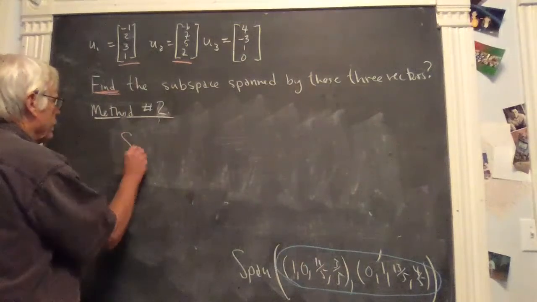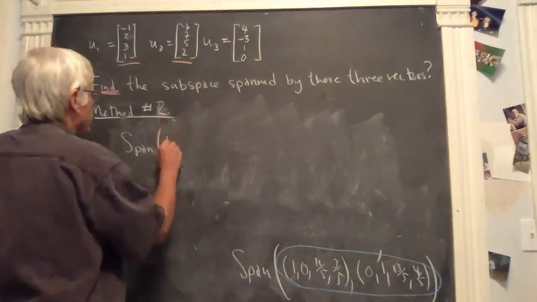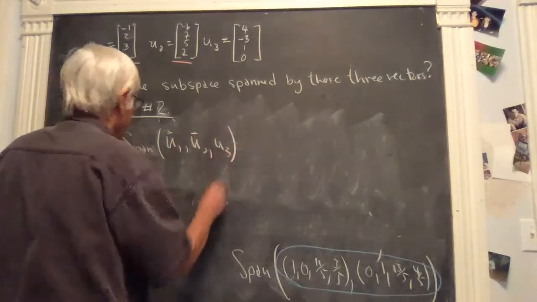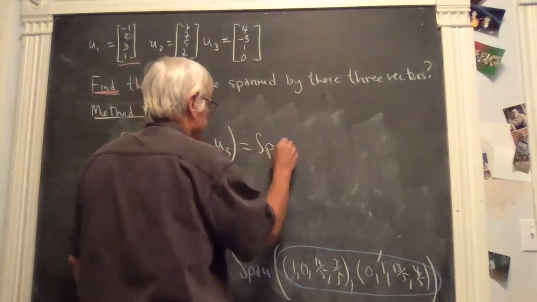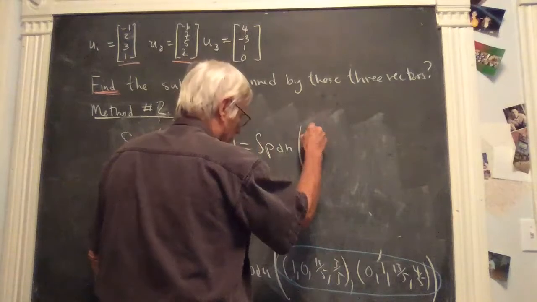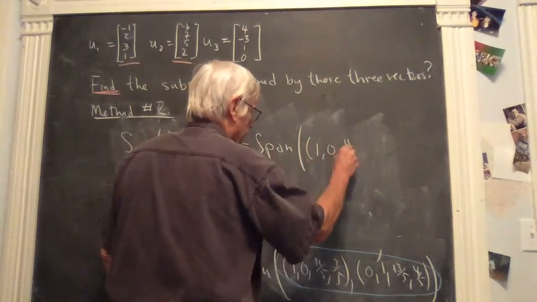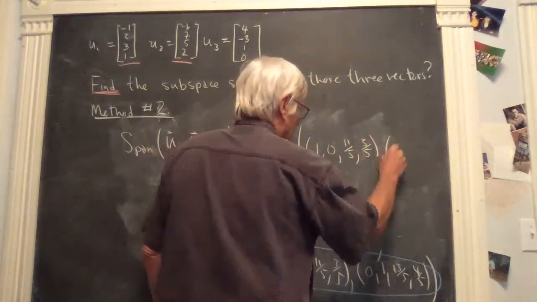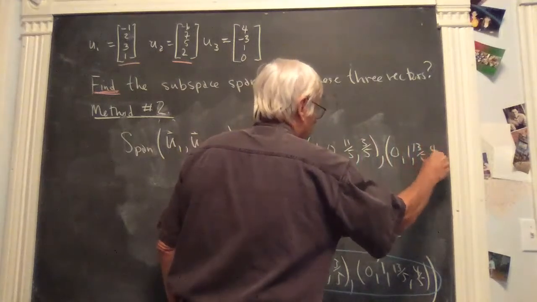So the span of these three, the span of U1, U2, U3 equals the span of just these two. I'm going to write these as rows in this case, 1, 0, 11 fifths, 3 fifths, together with 0, 1, 13 fifths, 4 fifths.